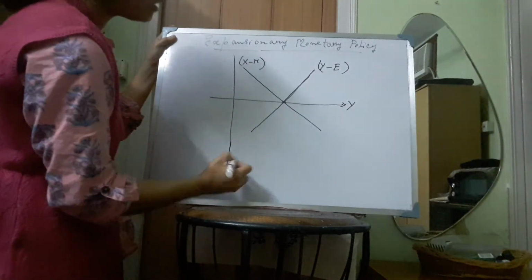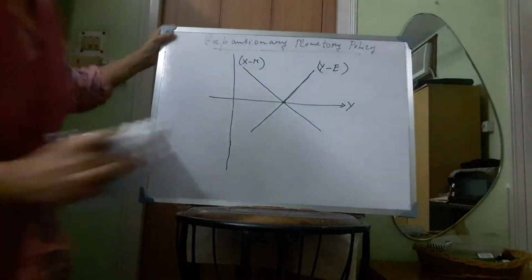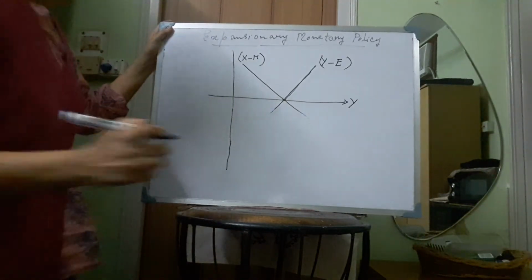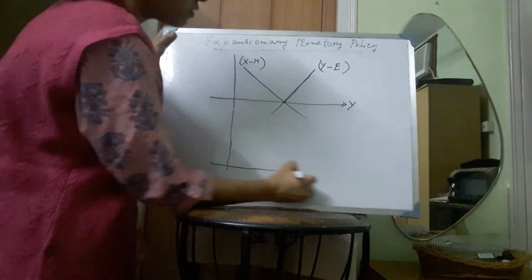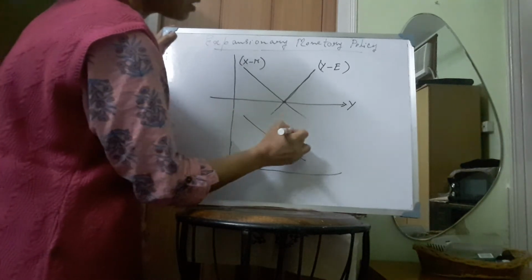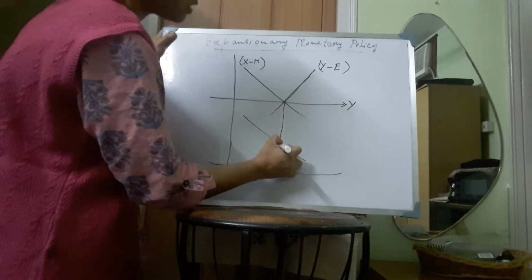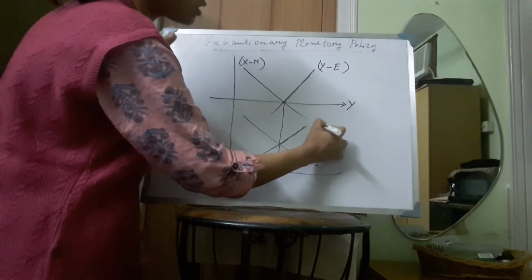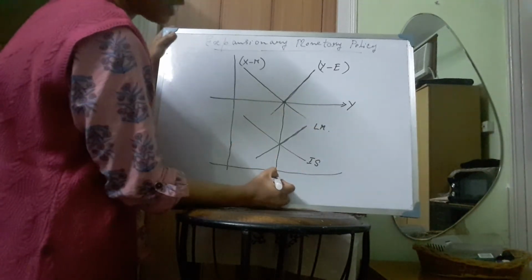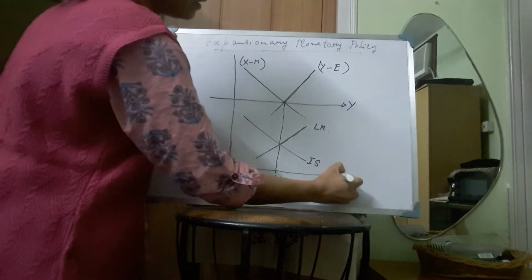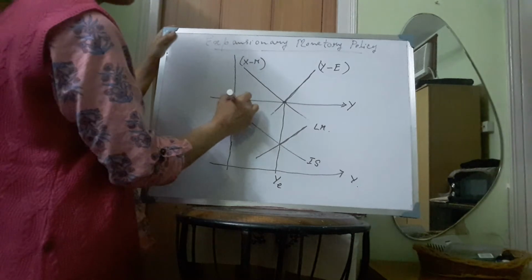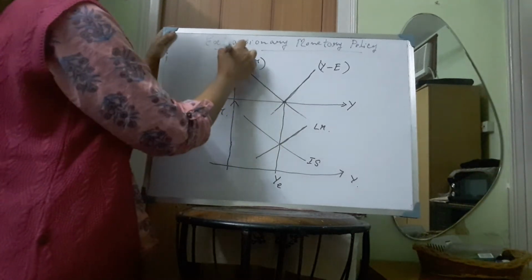And in the lower panel we are considering the IS and LM curve. So we know that IS curve is a negatively sloped curve and LM curve is a positively sloped curve. So initially the economy was here. So this is the negatively sloped IS curve, this is the positively sloped LM curve, and here we have the equilibrium YE. And here also in the lower panel along the x-axis we are measuring y, and along the y-axis we are measuring the rate of interest.